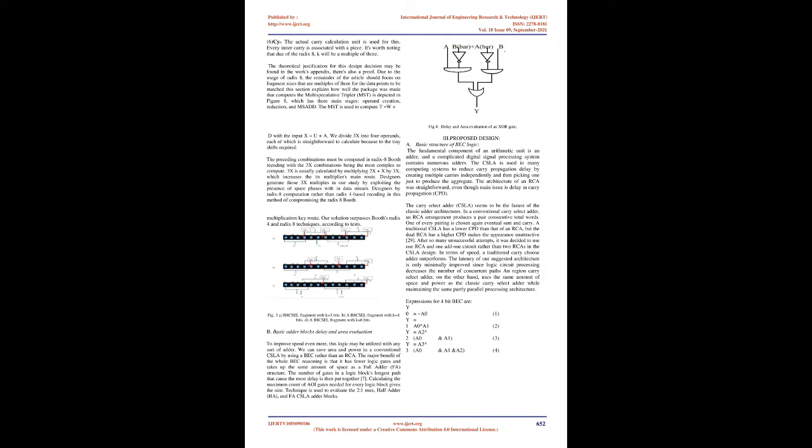MSBP1 is the most significant bit from the preceding cell's MSBP, and it is used to choose the current cell's real select. The real carry calculation unit calculates the ith fragment's real carry. Each internal carry is allocated a piece. It's worth noting that because of the Radix 8, k will be a multiple of 3.